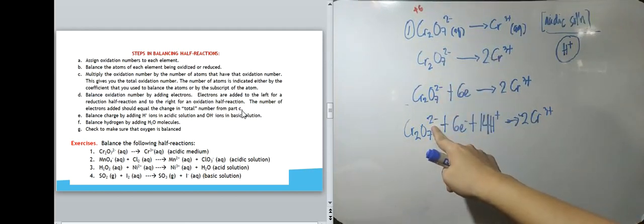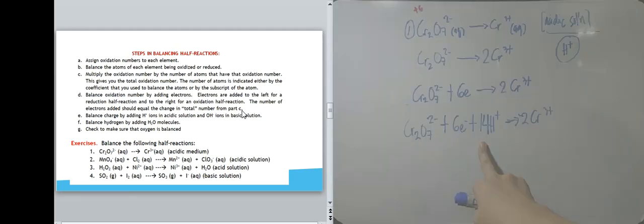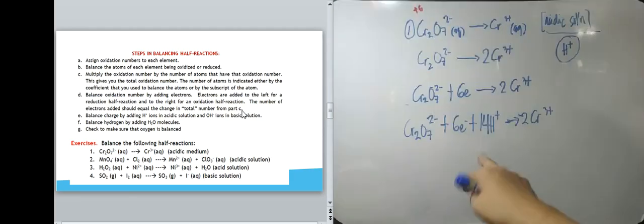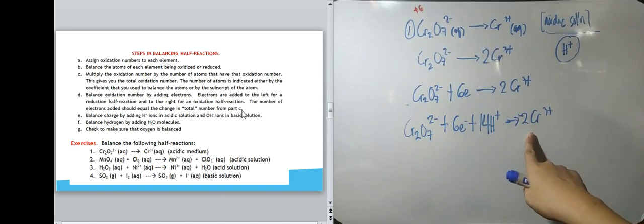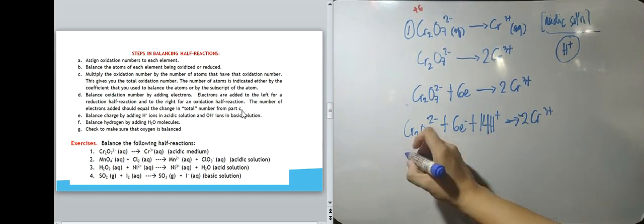Negative 2 plus negative 6 is equal to negative 8 plus 14 is equal to positive 6. This one is positive 6, 2 times 3, 6. Okay? So the next step, let us balance the hydrogen by adding water molecules. So there are 7 oxygen here on the left side of the equation.